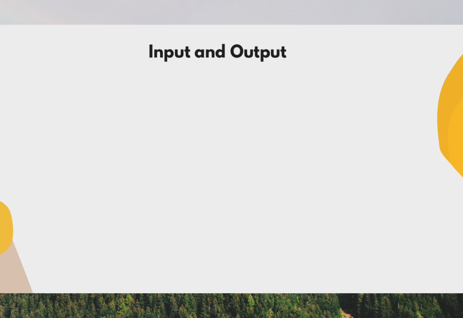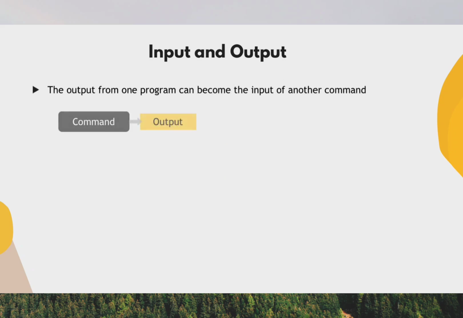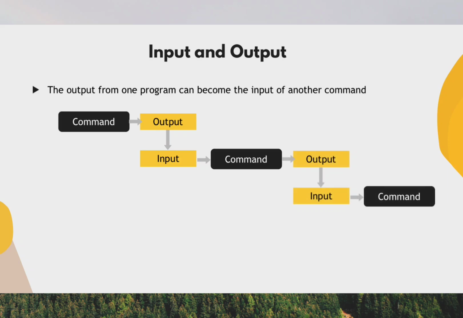And there is a very important concept also in Linux, which allows the output of one command to be the input of another command. So basically you can chain the execution of multiple commands on a command line interface, for example, and basically use the result of command execution of one command as input for another command.